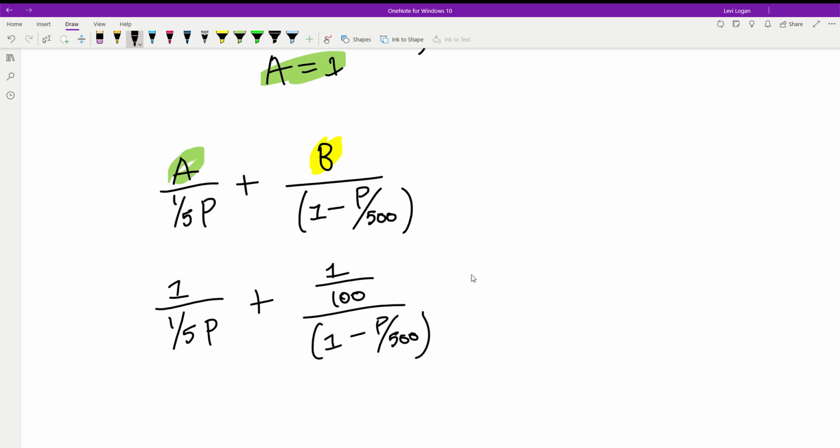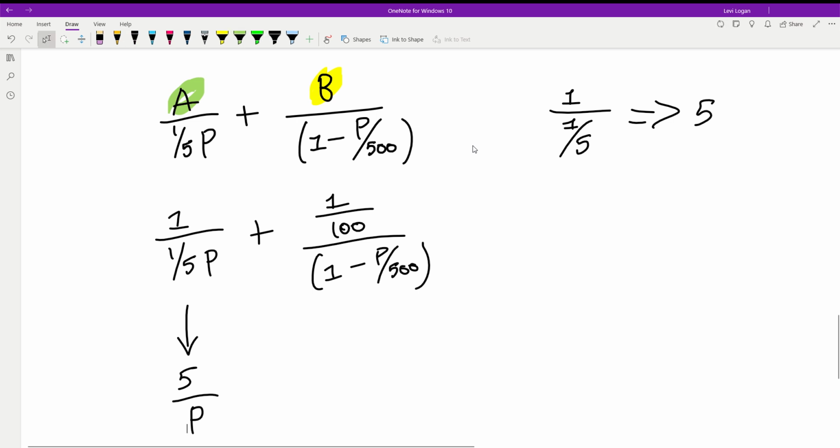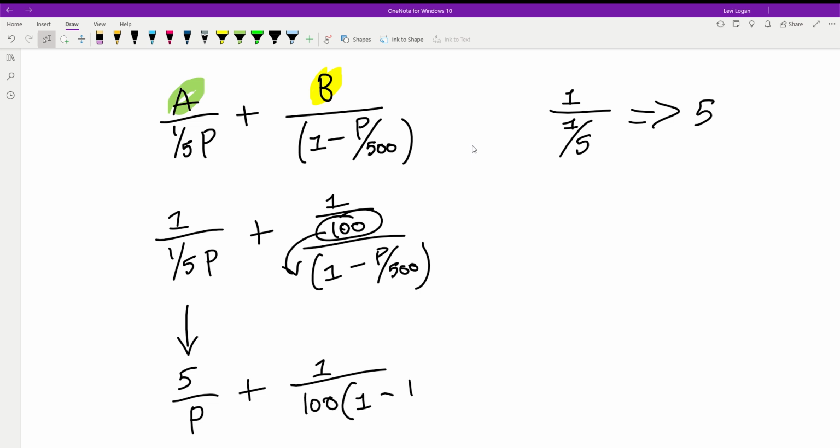So what we can do here is 1 over 1/5 is the same as 5, okay? So here we can rewrite just this term as just 5 over P, and here we can effectively just move the 100 down here, okay? So what we'll have is plus 1 over 100, 1 minus P over 500, okay?